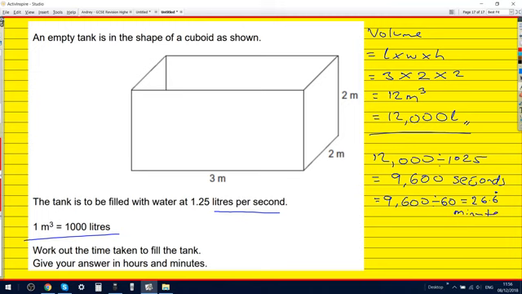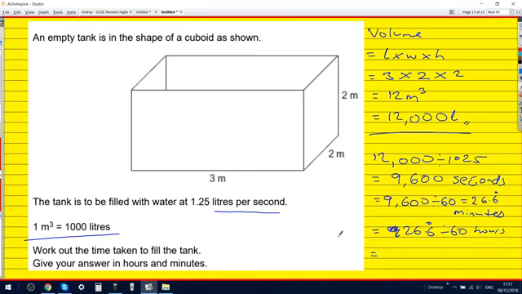Okay. So how would you turn that into hours? Would you times? No, you wouldn't times by 60, would you? No. I'm not sure. Divide by 60 again. Oh, okay. And what is this one?